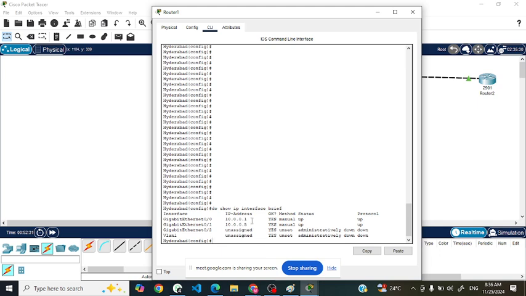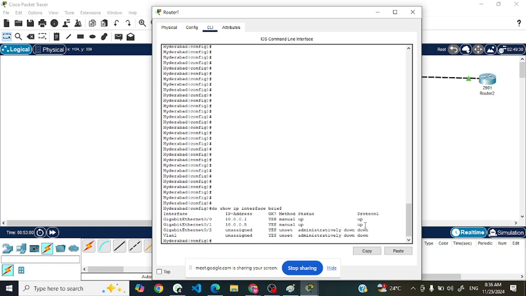Now it is showing the IP address 10.0.0.1 for 0/0, and for 0/1 it is 10.0.0.5, and the status of these interfaces is up and the line protocol is also up. What is the meaning of line protocol up?